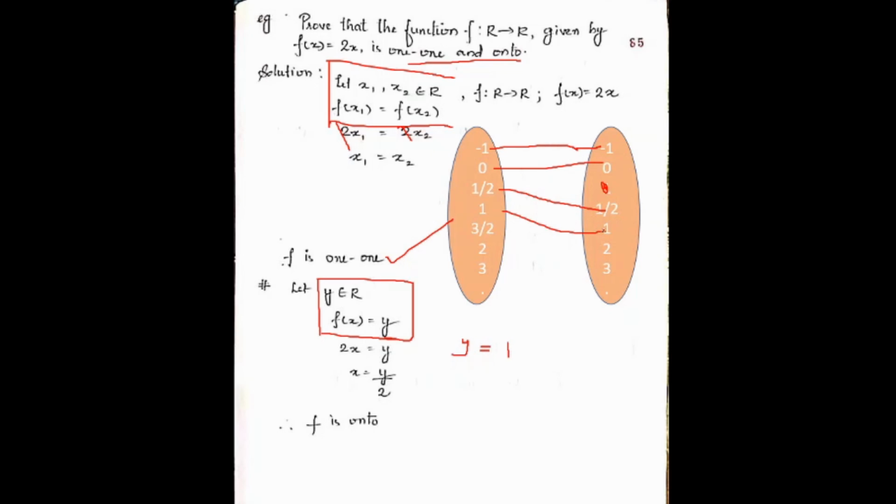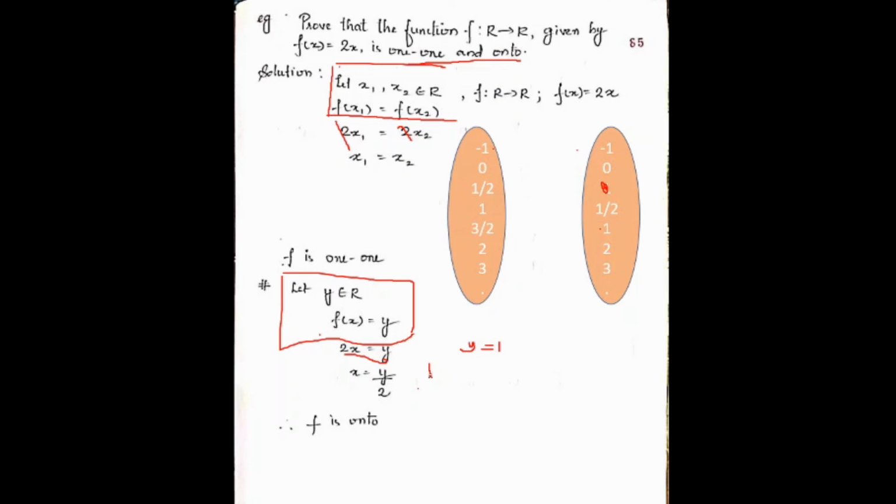If the value of y is 1, then x is 1 by 2. If y is 2, it will become 1. If it is 3, it is 3 by 2. So do you think all the elements here will have a pre-image in this set? Yes, all will have a pre-image in this set. So we can say f is onto.